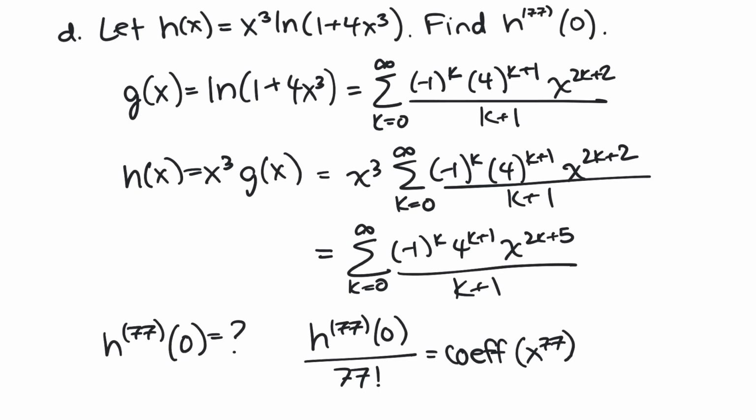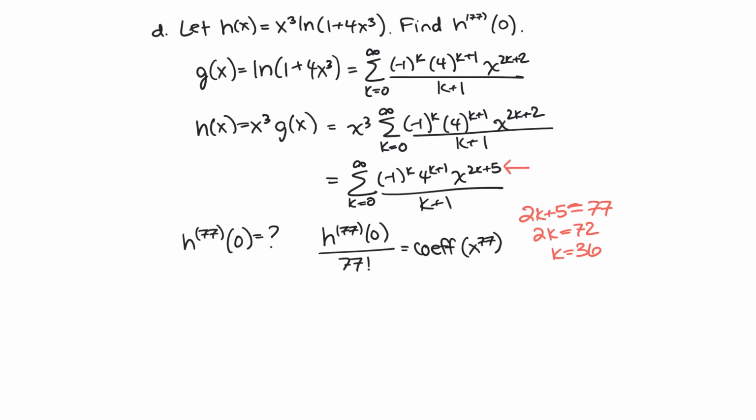So we just need to figure out which term is the coefficient for x to the 77th. And notice that here x is raised to the 2k plus 5 power. So we're going to say, when is 2k plus 5 equal to 77? So that's when 2k equals 72 or k equals 36. So we want the coefficient when k is 36.